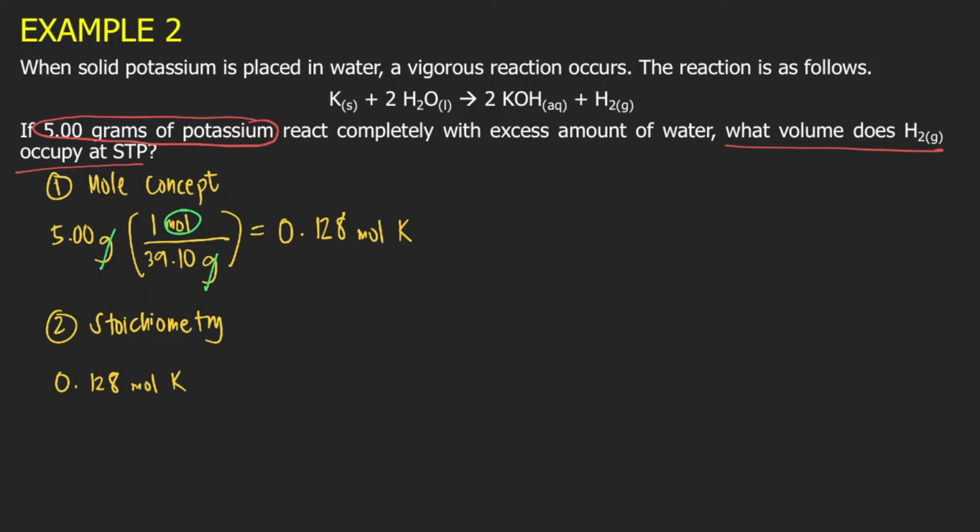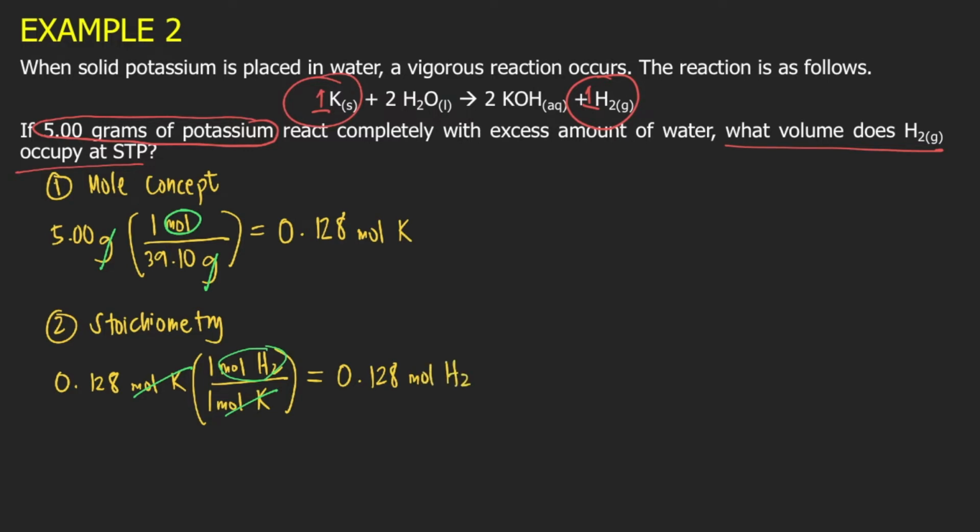Looking at the balanced chemical reaction, 1 mole of potassium produces 1 mole of H2, so it's a 1:1 ratio. Moles of potassium will cancel out, and now you have 0.128 moles of H2.